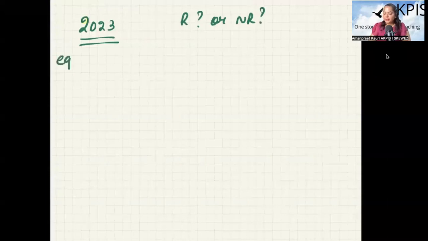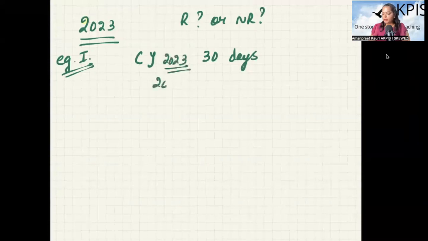Let's take example number 1. For example, if a person is there in the current year, 2023, for let's say 30 days, and for 2022 and 2021, let's say 100 days and 83 days.